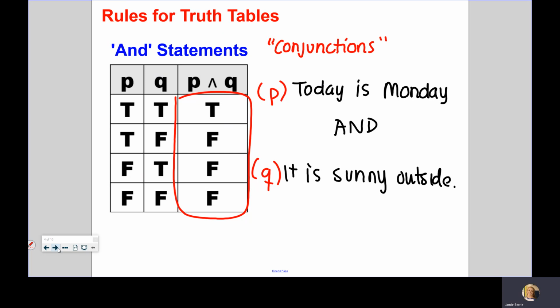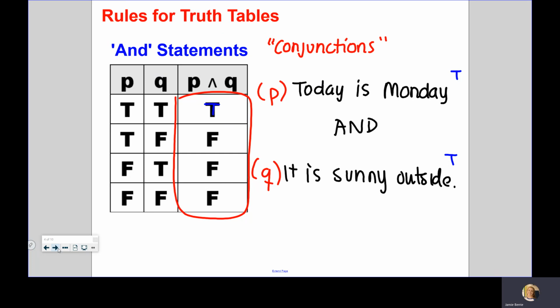We know that and, if you think back to sets, means they both have to be true. So let's imagine that today is Monday and it's true that it's also sunny outside. The compound statement, today is Monday and it is sunny outside, would definitely be true. If they're both true, then the compound statement is true.